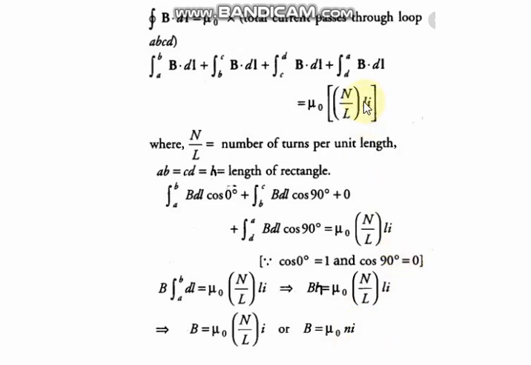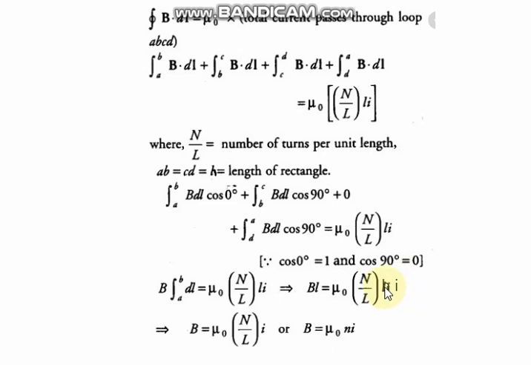Actually, this small l is the length h. This one is the length h. So this h times I actually gives you the current which is enclosed by the Amperian loop.